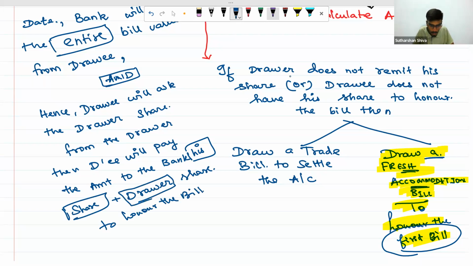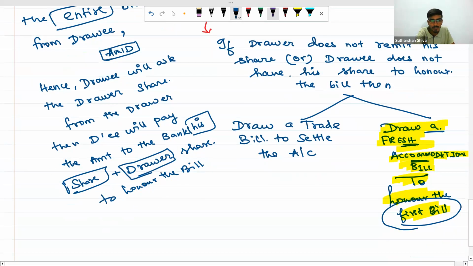This is how your accommodation bill steps will work. Are you able to understand this accommodation bill?